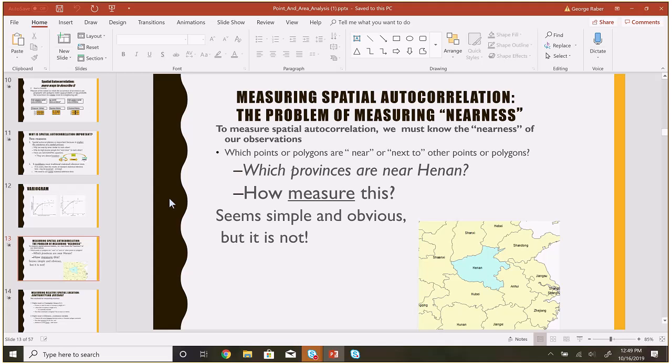So with points, it always has to be a distance, right? Because they don't actually touch each other.